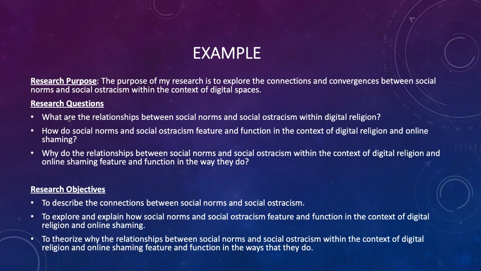That was supposed to be digital religion, but that's fine, digital spaces. What are the relationships between social norms? Now, these are the research questions that have derived from the research purpose, right? That research purpose can be turned into a main question just by asking, what are the connections and convergences between social norms and social ostracism? Now, again, this looks very pedantic and formulaic, but it is just the thinking technology.